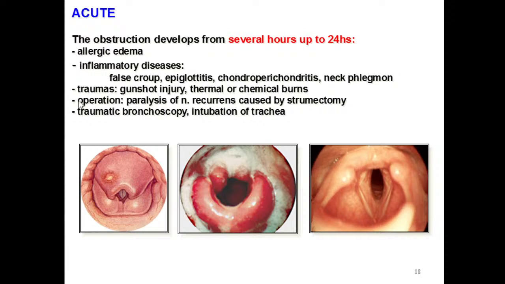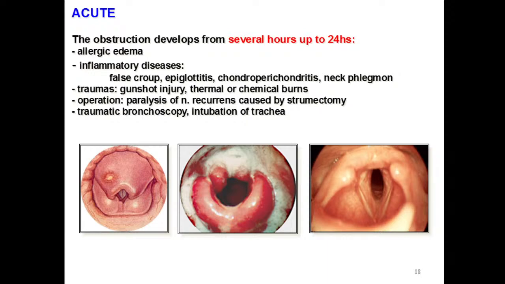So, acute laryngeal stenosis. The obstruction develops over several hours to 24 hours. It is edema of different etiology. It may be allergic edema, or, you remember, the disease so-called Reinke edema.